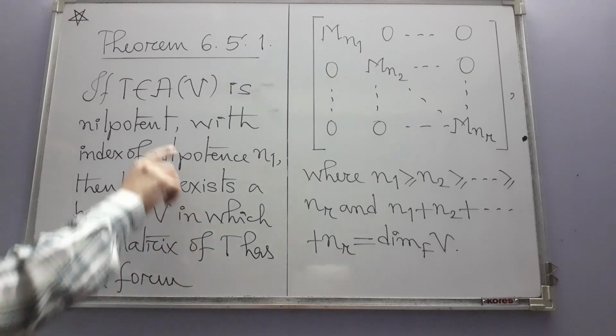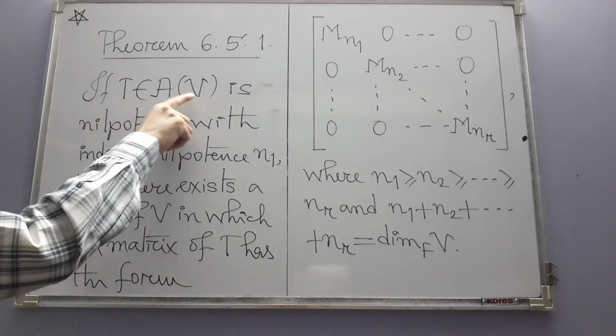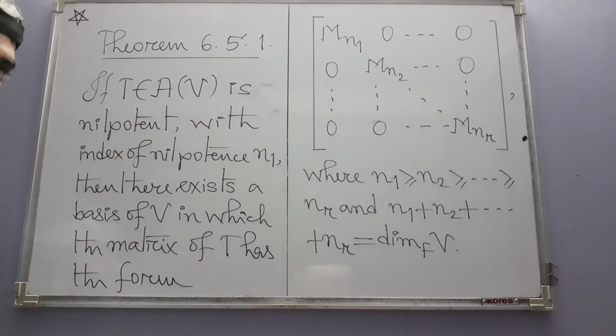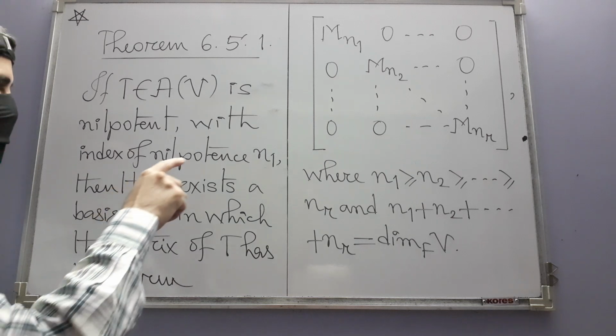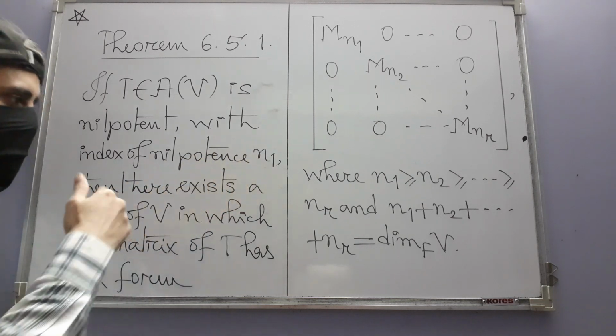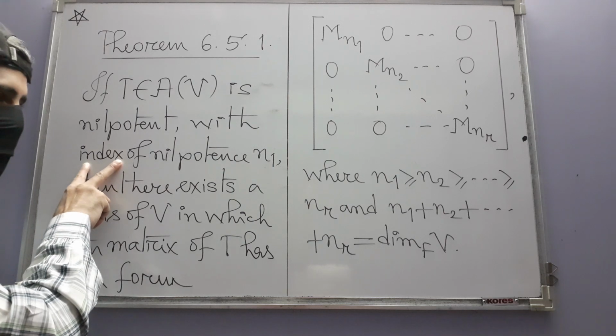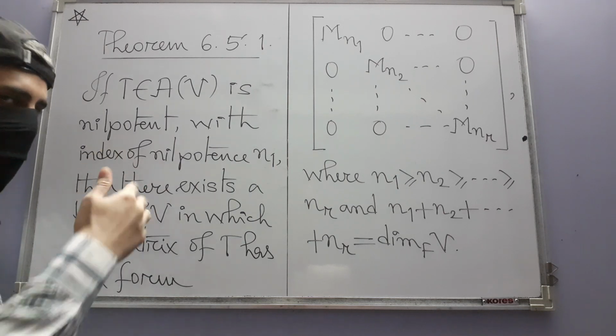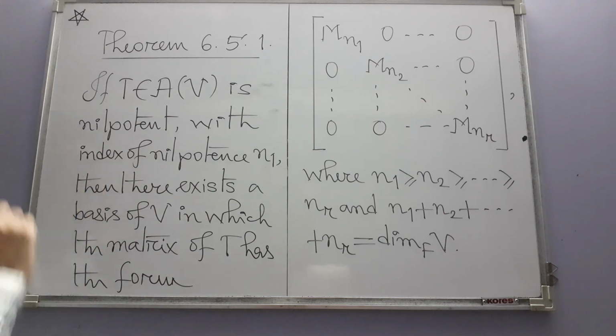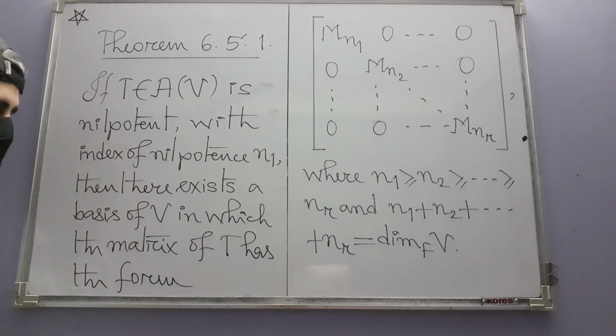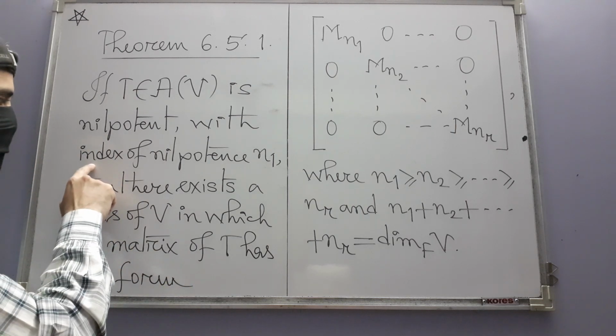So we have a nilpotent transformation T here on a finite dimensional vector space V, and it has degree of, perhaps I should not say degree because the word index is being used here. Actually degree is also used, but the author says index, so let's just call it index.